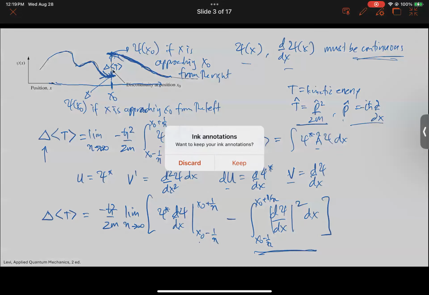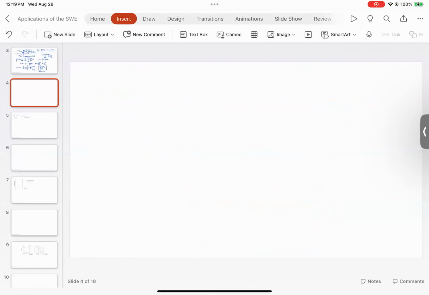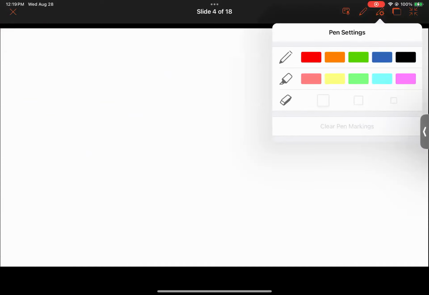So I'm just going to add one slide. Okay, and the theorem is called the median value theorem.